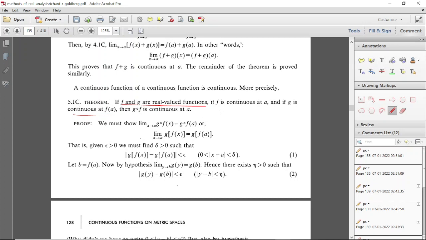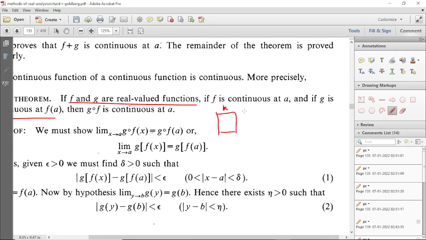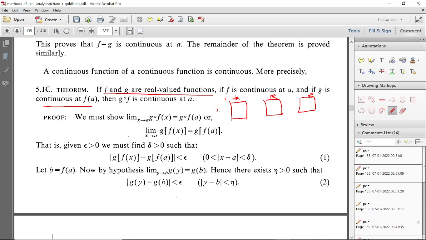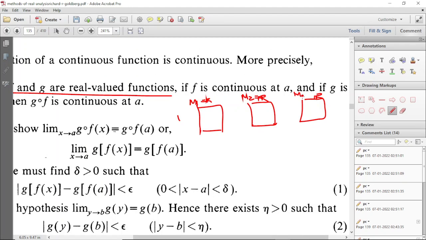Same thing. So here this set, we say, is also the real line, and this is also a real line, and M3 is also a real line. You think this is M1, this is a space M2, and the third one is M3.